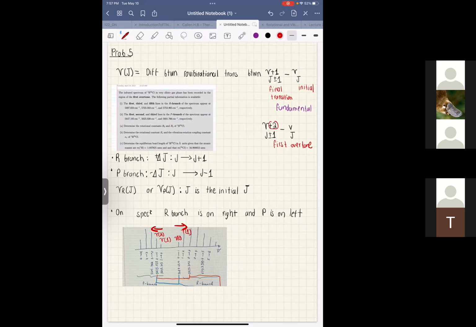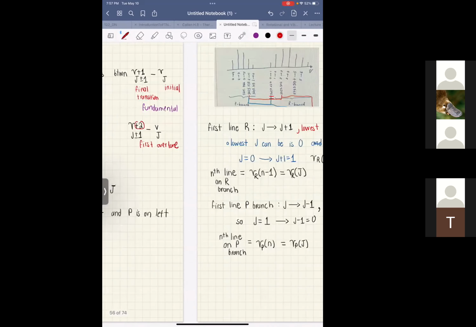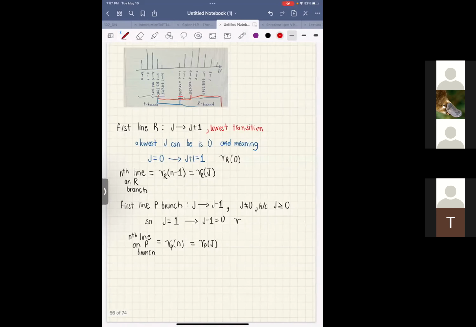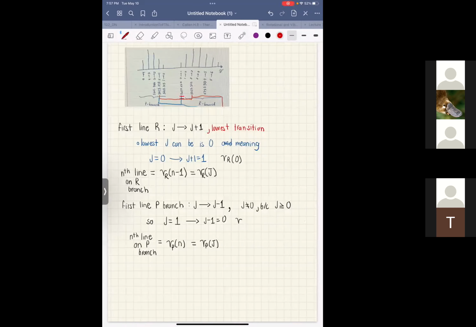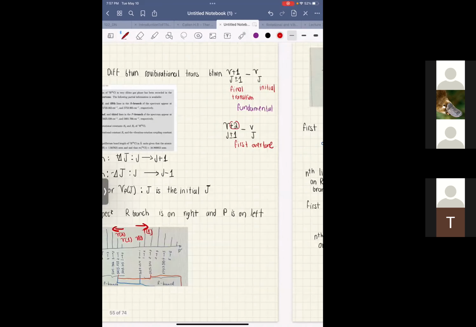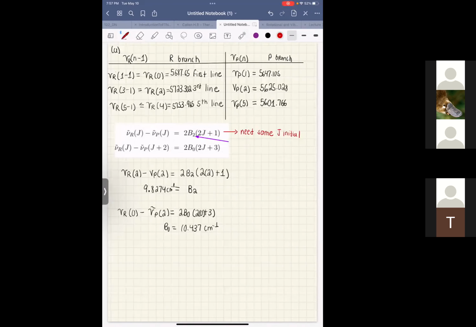Now, I also went in depth. You can draw the spectrum out and do it that way to figure out what V of R and V of P are. But what I did is I pretty much just used logic. For the nth line, they mention the line number, the nth line of R is equal to whatever line they mention minus 1. So in this case, I pretty much just drew this.